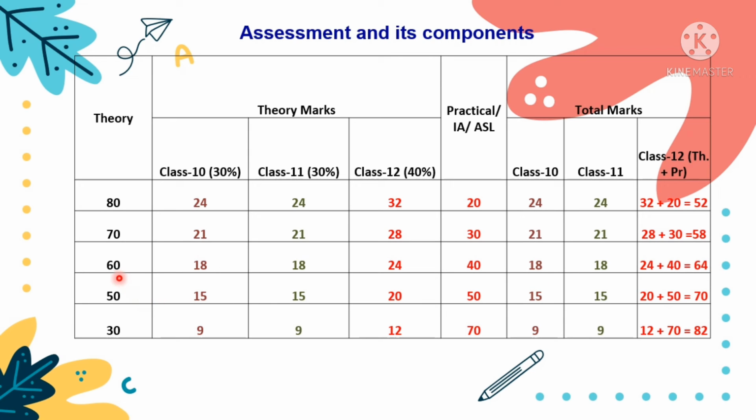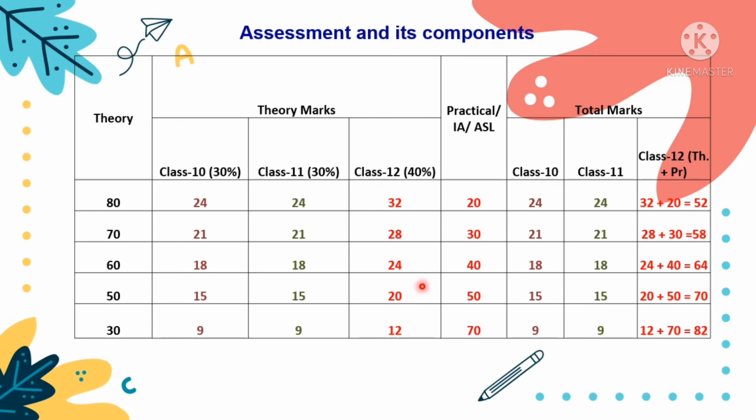Suppose you have a subject of 50 marks theory, right? In that case, from class 10, 30% of 50, which is 15, has to be taken. From class 11, 30% of 50, that is again 15 marks, has to be taken by the school. And from class 12, 40% of 50, which is 20 marks, the school has to take, right?